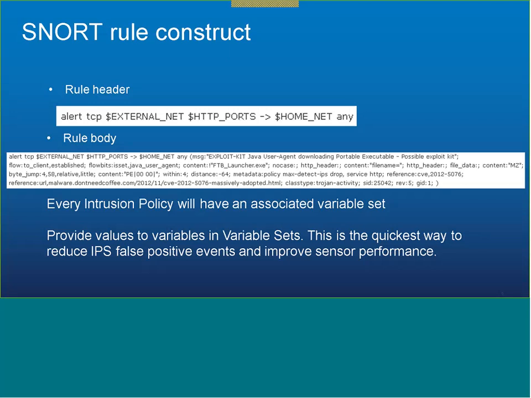But if this is sitting in a data center, and your data center is a .10, and on the other side of your sensor is a .20, well, then the .20 is really your external net, and your .10 is your home net. Having said that, I would still say the home net is .10, and my external is anything but my .10 network.